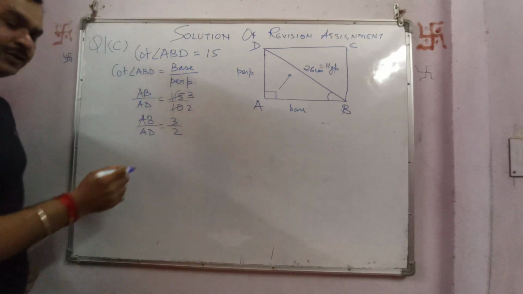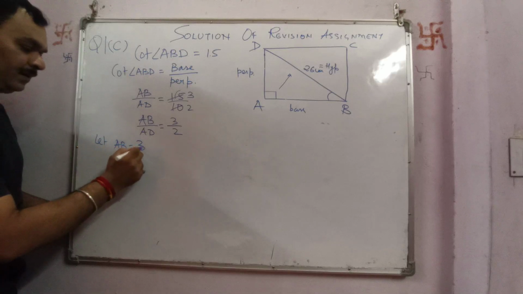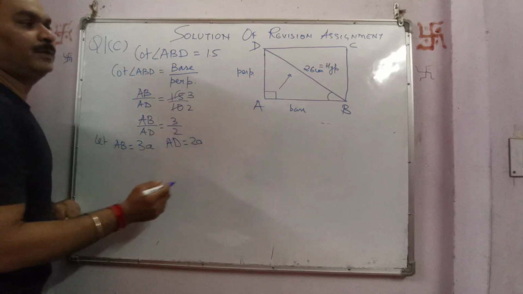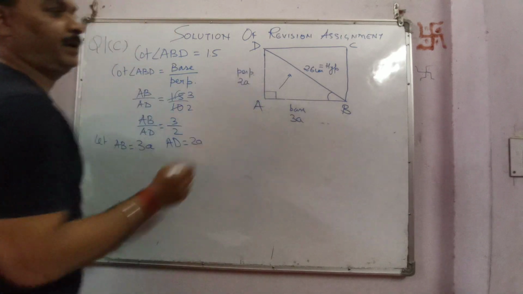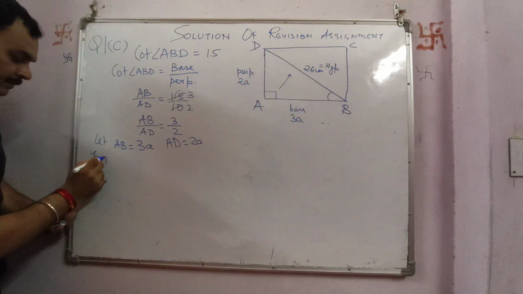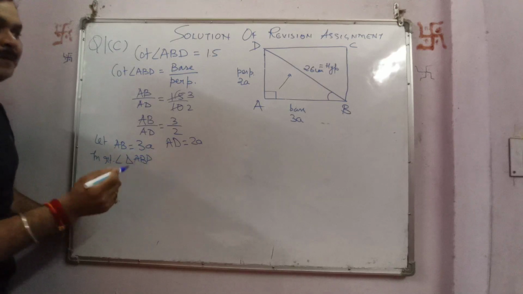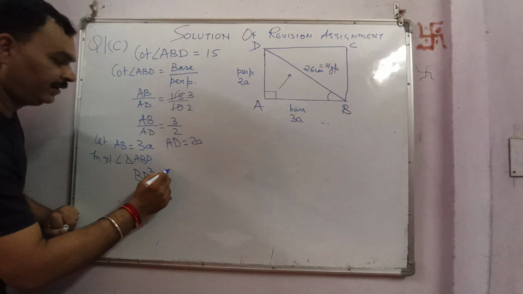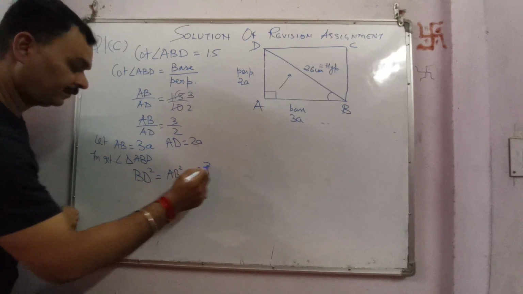Since it is a ratio, when we convert into real numbers, let AB is equal to 3A and AD is equal to 2A. This is 3A and this is 2A. Now in this right angle triangle ABD, applying Pythagoras theorem, we get square of BD is equal to AB square plus AD square.